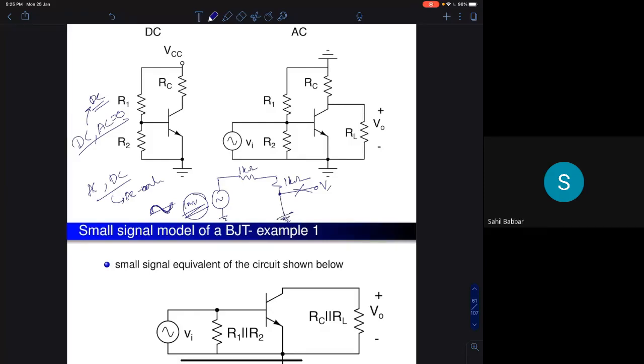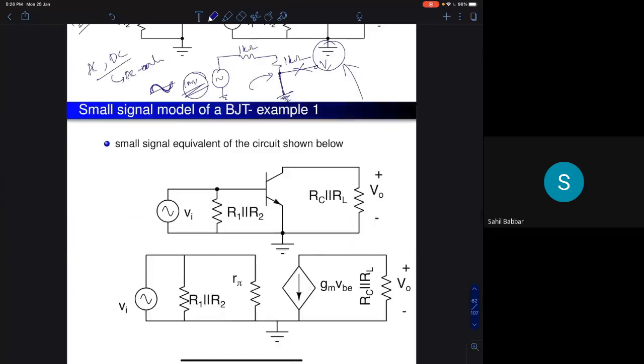So this node, even though there is a DC voltage source, since there is no variation, once I replace it with a short circuit, it will be shorted to the ground. We call it AC ground. Okay, so this is called an AC ground, and this is anyways ground both for DC and AC. So that's the small signal AC equivalent.